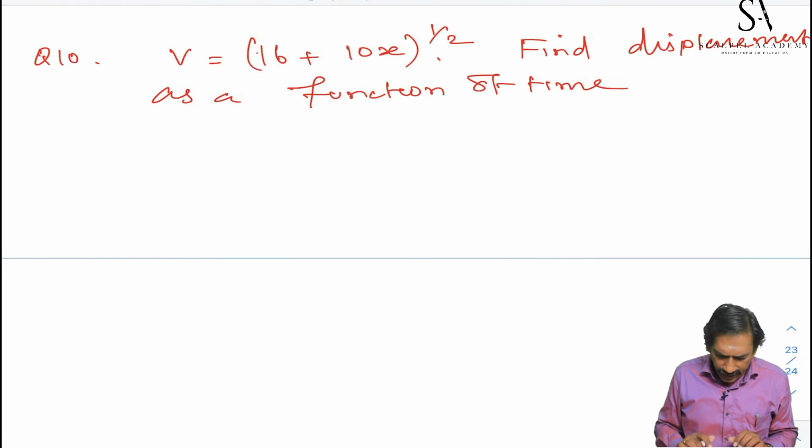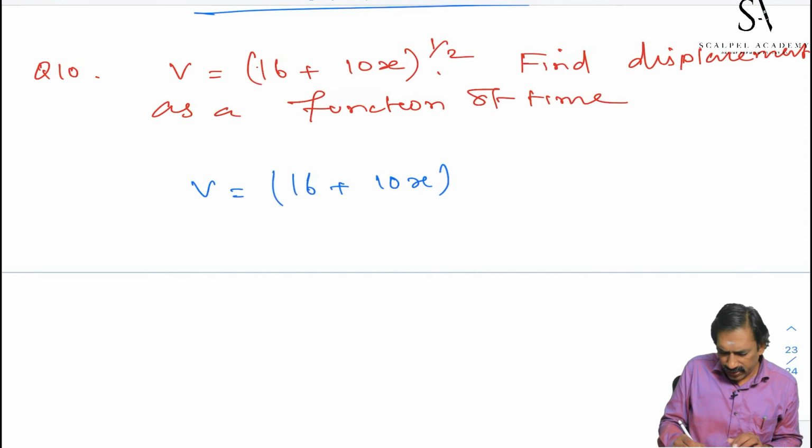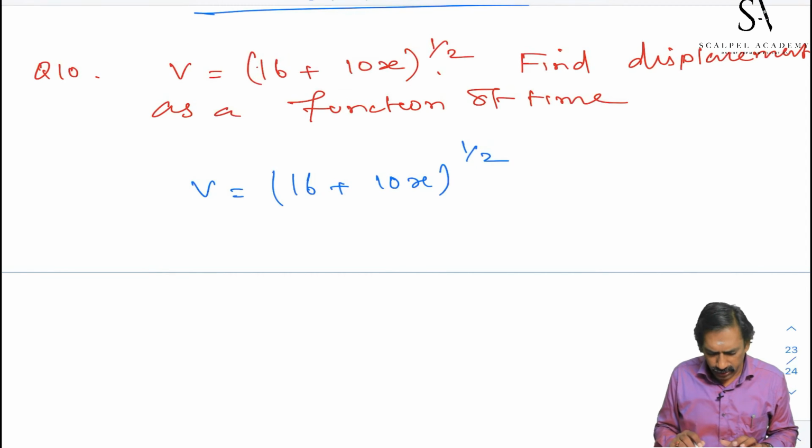The above equation is in the form of v square is equal to u square plus 2as.